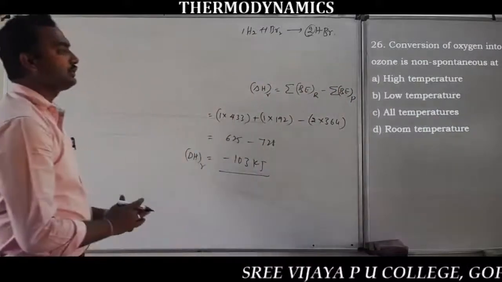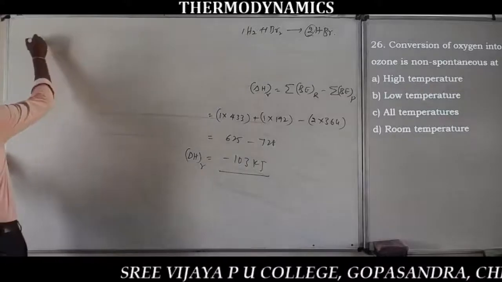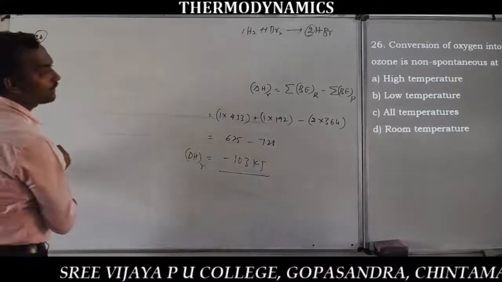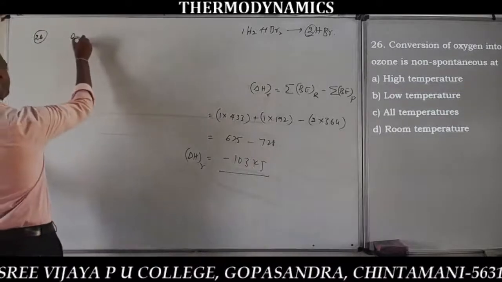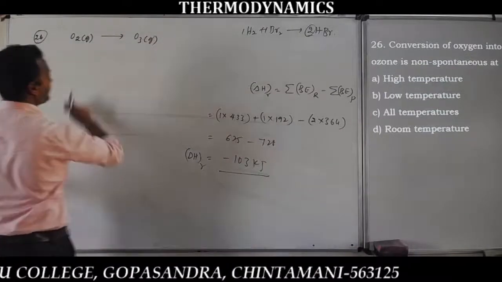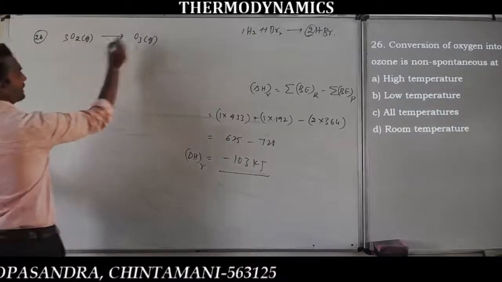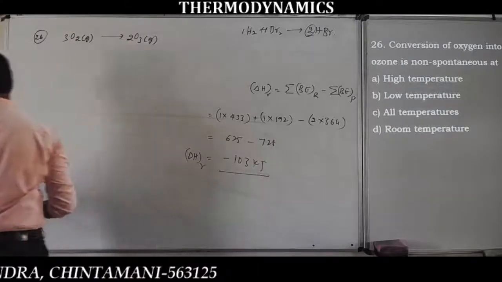Conversion of oxygen to ozone is non-spontaneous at 100. That is question number 26. Conversion of oxygen, a gas, into ozone, also a gas: 3O2 gives 2O3.